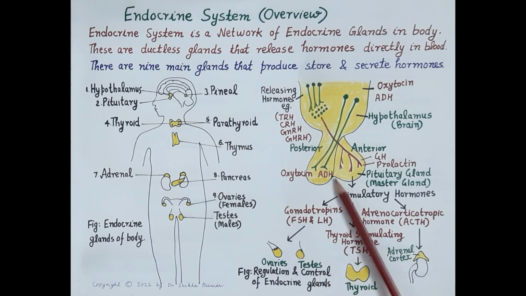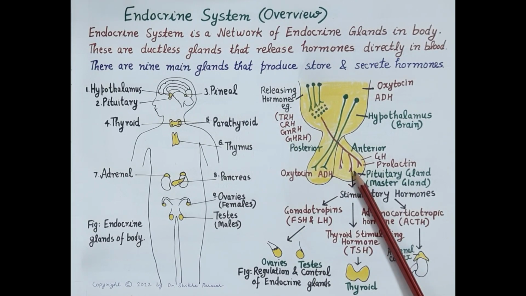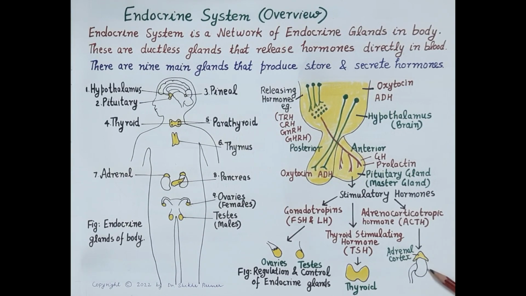Another releasing hormone that is produced by the hypothalamus is CRH, that is corticotropin releasing hormone. This hormone stimulates the anterior pituitary to produce adrenocorticotropic hormone, that is ACTH, which further stimulates the adrenal cortex to produce adrenocorticoids, namely glucocorticoids, mineralocorticoids, and a very small quantity of sex hormones.